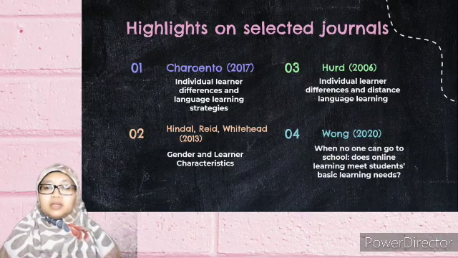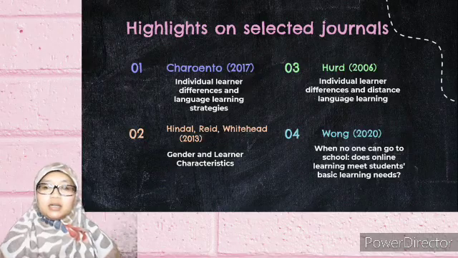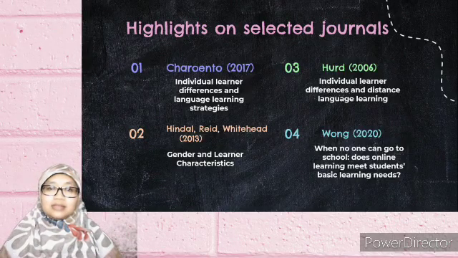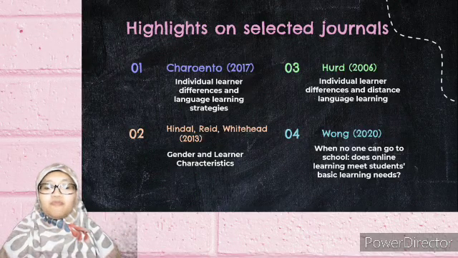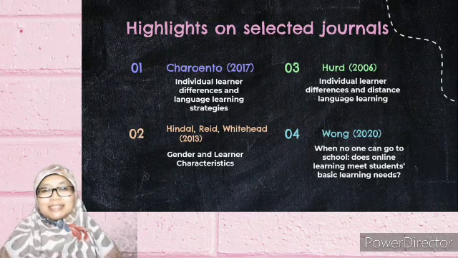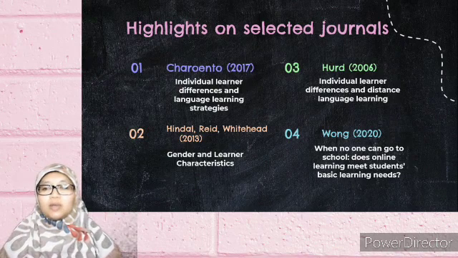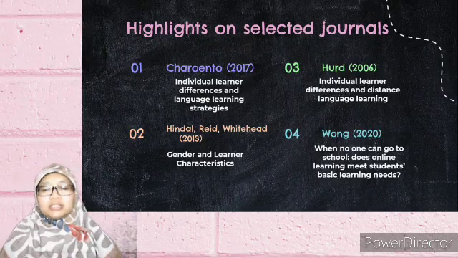And the very recent journal is the paper from Wong in 2020, and it has an interesting title: "When No One Can Go to School, Does Online Learning Meet Students' Basic Learning Needs?"